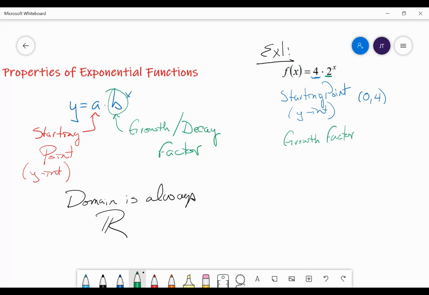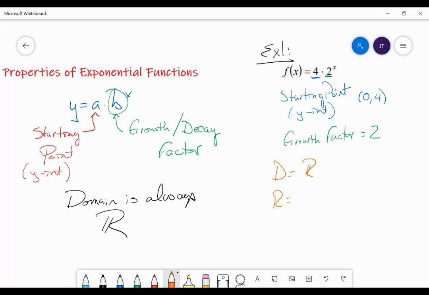So it's going to get larger. So our growth factor is 2. Okay. Our domain is all real numbers.